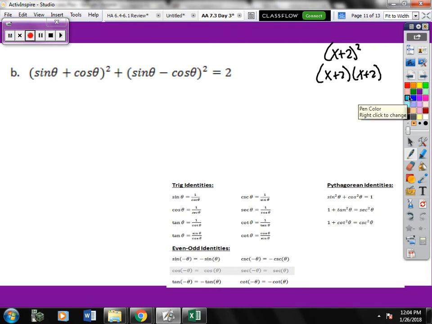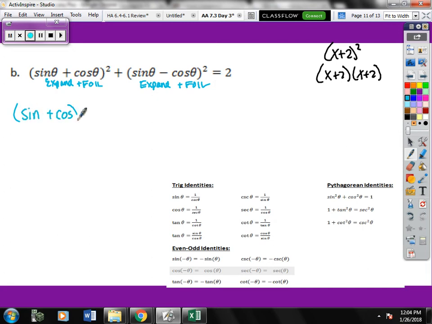So we're going to have to expand each of these and then FOIL them. So we're going to get, and I'm going to leave off the thetas because this one's long.